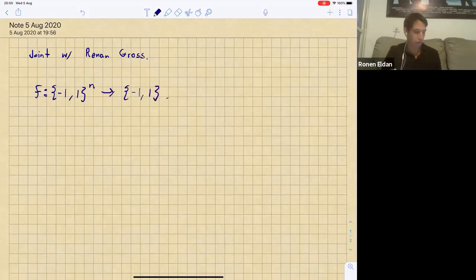This is a Boolean function. And mu is going to be the uniform measure on the hypercube. Let's fix the notation C_n to be {-1,1}^n.